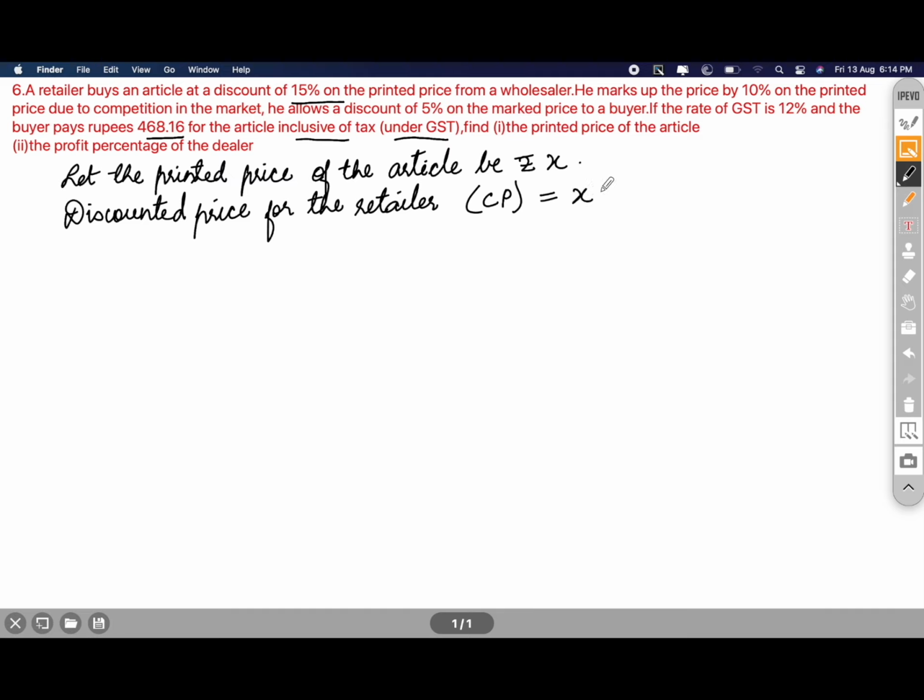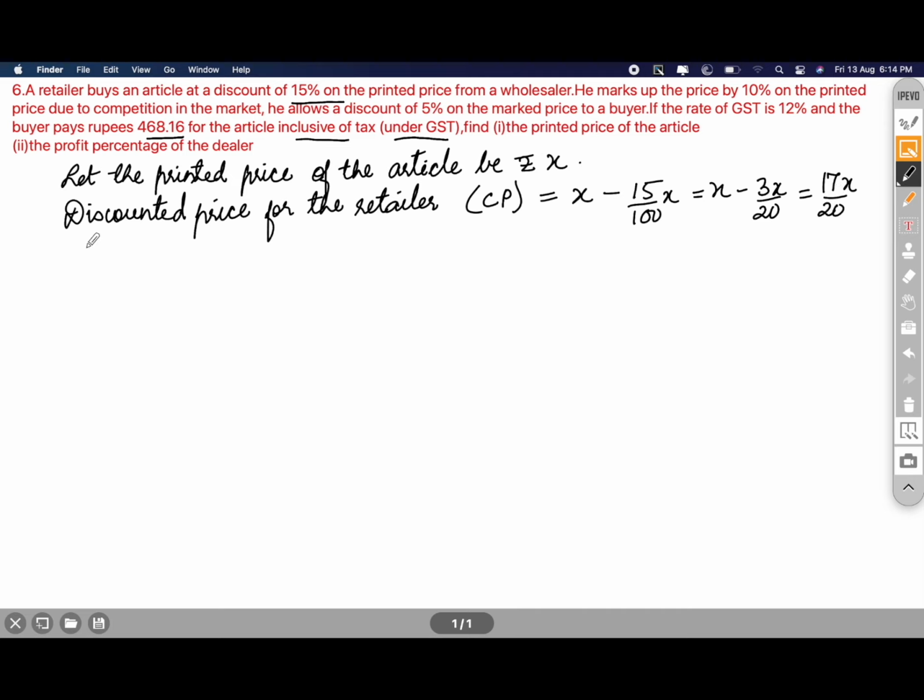Discounted price will be X minus 15% of X. So this can be simplified as X minus 3x by 20, finally giving us 17x by 20.